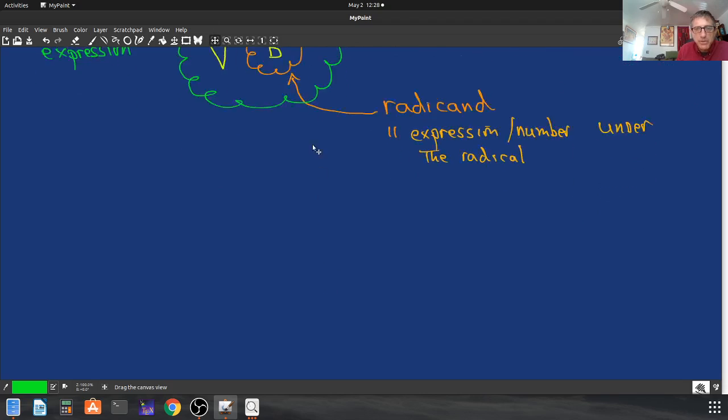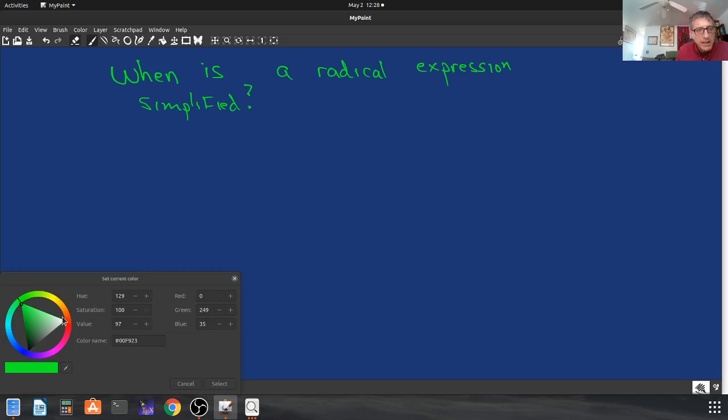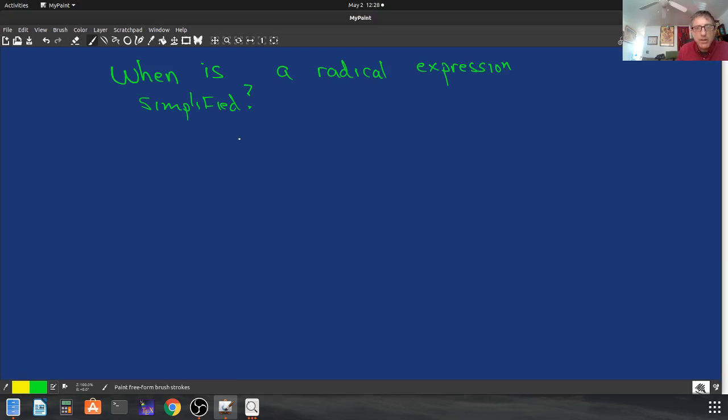So really this is talking about radical expressions. We have to pose a question, because you're going to be asked to simplify radical expressions. So when is a radical expression simplified? My answer is going to be completely detailed to when that radical is the square root symbol.